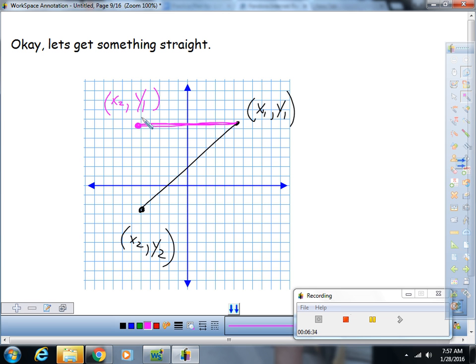So what is the distance of that pink line? It's x2 minus x1. Don't you agree? You just told me the last one was 9. It's the exact same problem. Do you agree? And what's the length of this line? That would be y2 minus y1. Actually, it would be y1 minus y2, but it's okay.